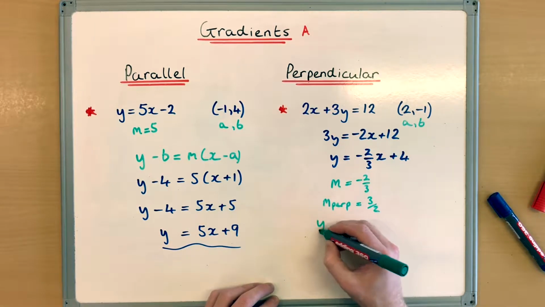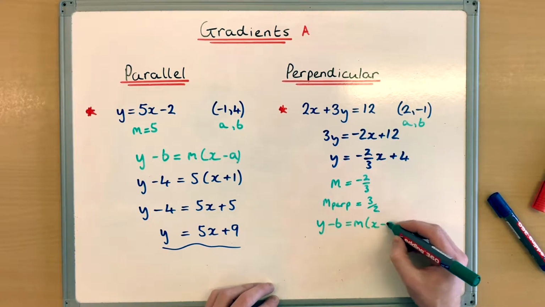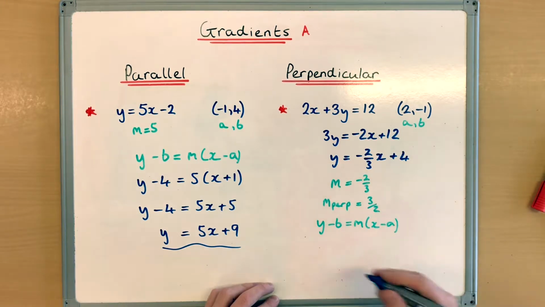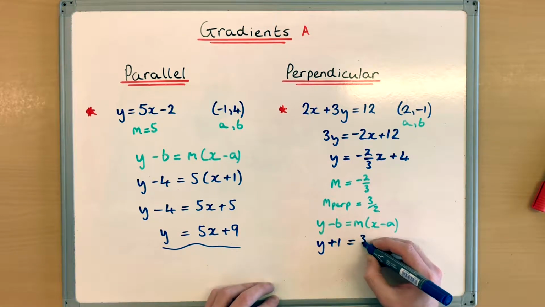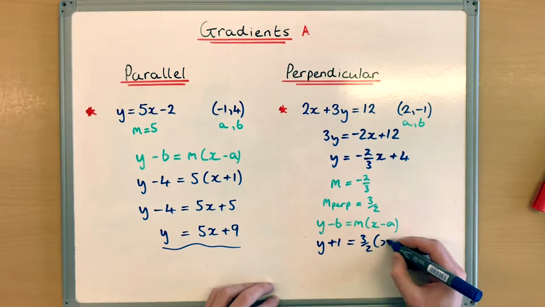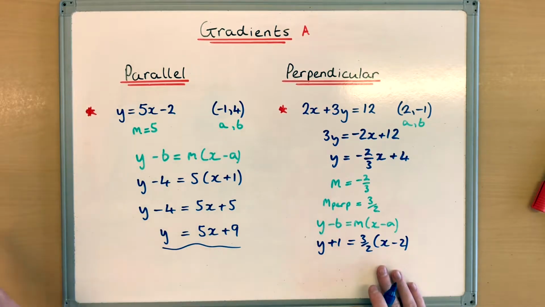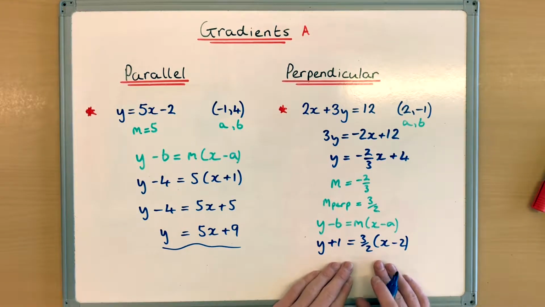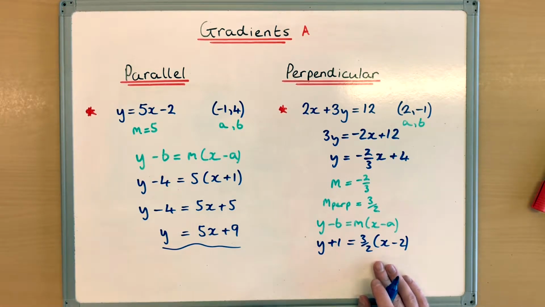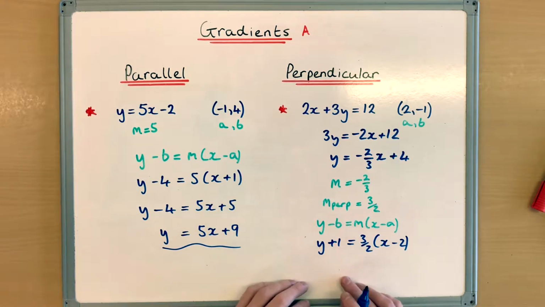And now I'm going to use y minus b equals m(x minus a). So y plus 1 equals 3 over 2 (x minus 2). Now what I'd like you to have a go at now, if you saw the previous example, is multiplying this out and seeing if you can get this into either this form, or actually sometimes when there's a fraction, I quite like to go with the general equation, and that's what I'm going to do here. So have a go at that.